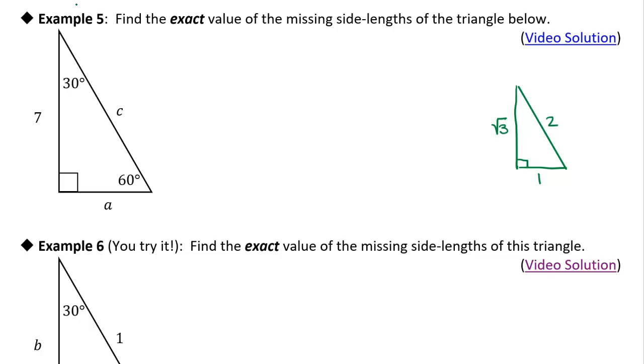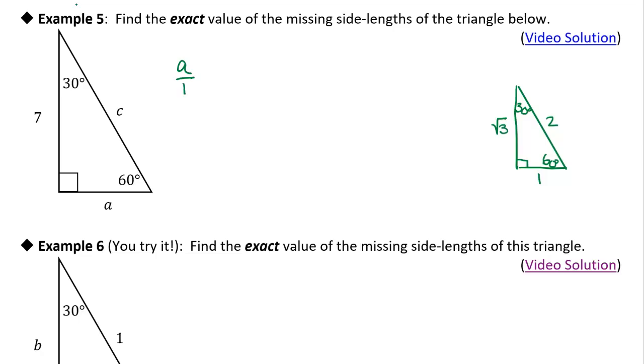This is the 60-degree angle, and so this has to be the 30-degree angle up here. There's our standard triangle. Let's start by finding side A. I'm going to write A over the corresponding side of the standard triangle, which is 1.